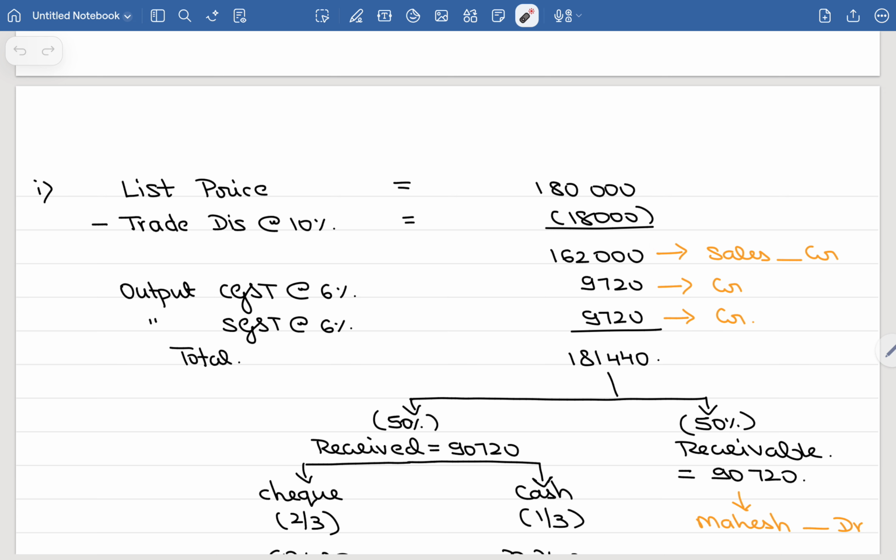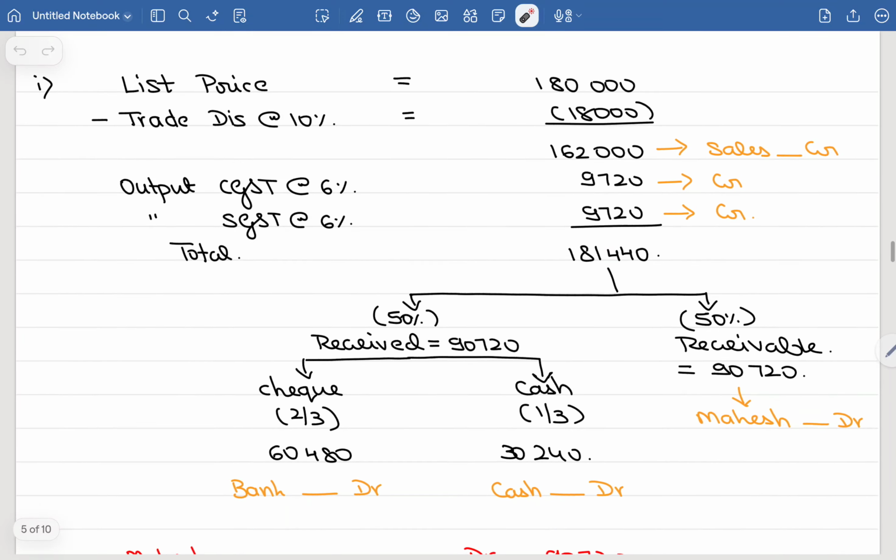On this 1,62,000, we have to collect the output CGST and output SGST at the rate of 6% on the selling price of 1,62,000. So 162 into 6%. So it works out to 9,720 and 9,720. So in total we are going to collect 1,81,440 from the customer.